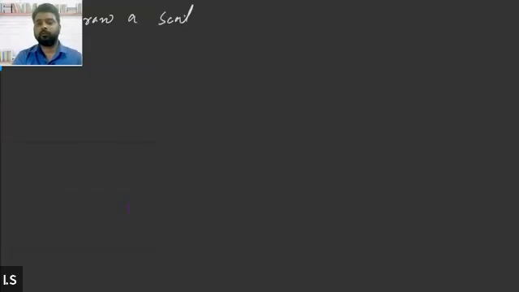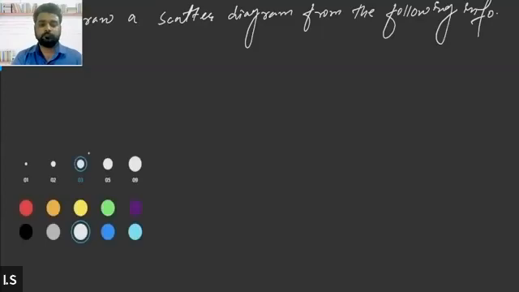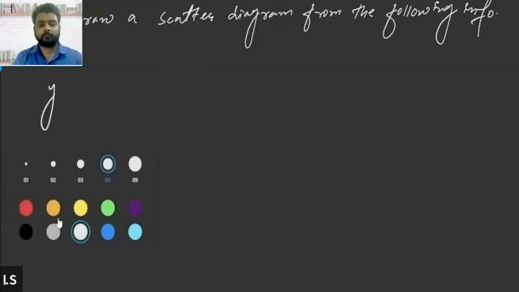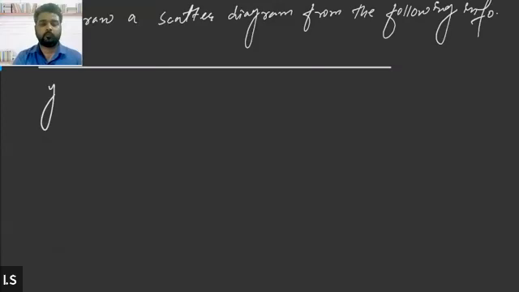Please note it down. Draw a scatter diagram from the following information. X: 4, 5, 6, 7, 8, 9, 10, 11, 12.